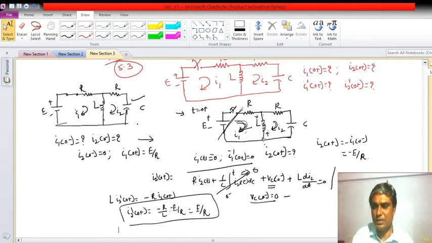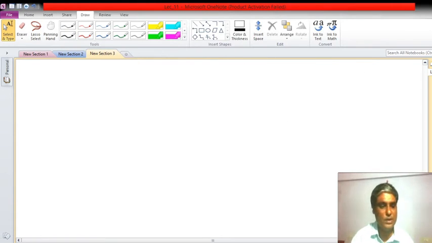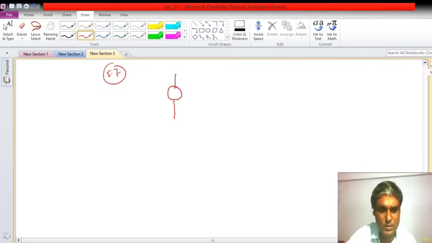We'll see an example related to the nodal equation. So it is problem 5.7 from Van Valkenburg. Suppose I have a current source like this, and then there is a switch connected like this.